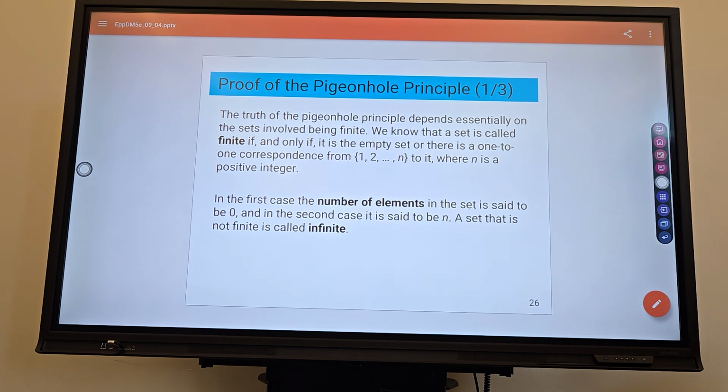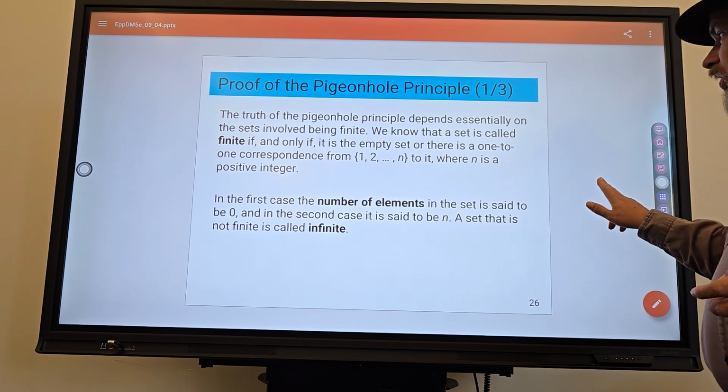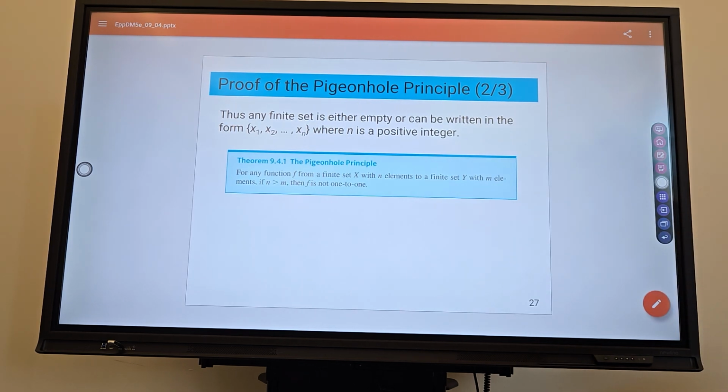In the first case, the number of elements in the set is said to be 0. In the second case, it is said to be n. A set that is not finite is called infinite. Thus, any finite set is either empty or can be written in the form x1, x2, etc. to xn, where n is a positive integer.